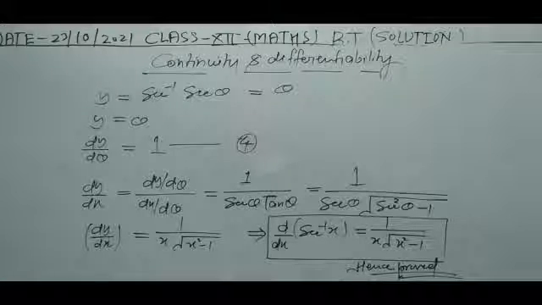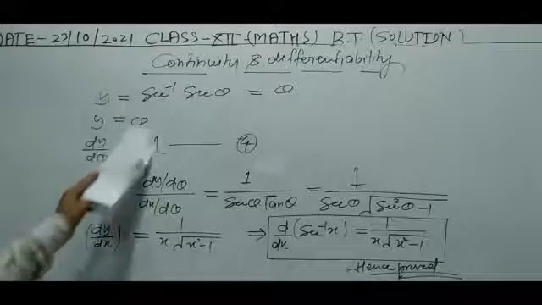We will consider x is equal to sec theta. Now x is equal to sec theta, when you put it, you will get sec inverse sec theta. Then you cannot put any value other than sec theta. So y is equal to sec inverse sec theta, which is theta.